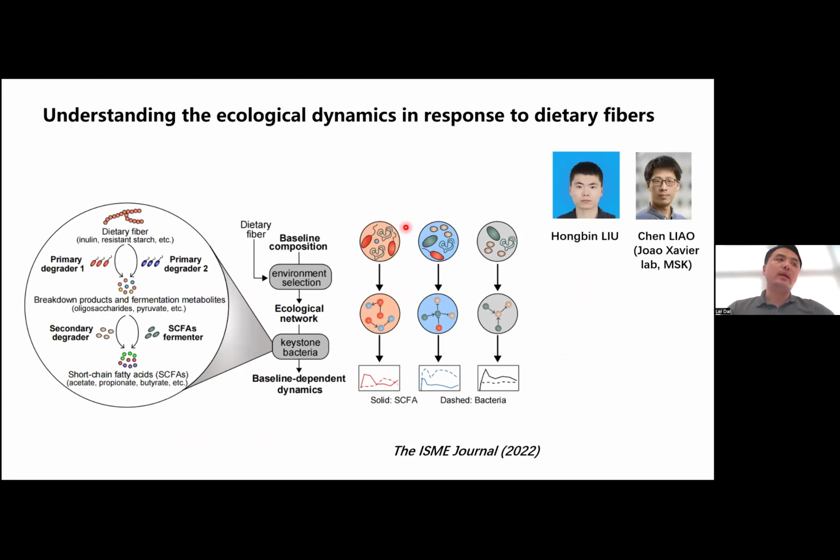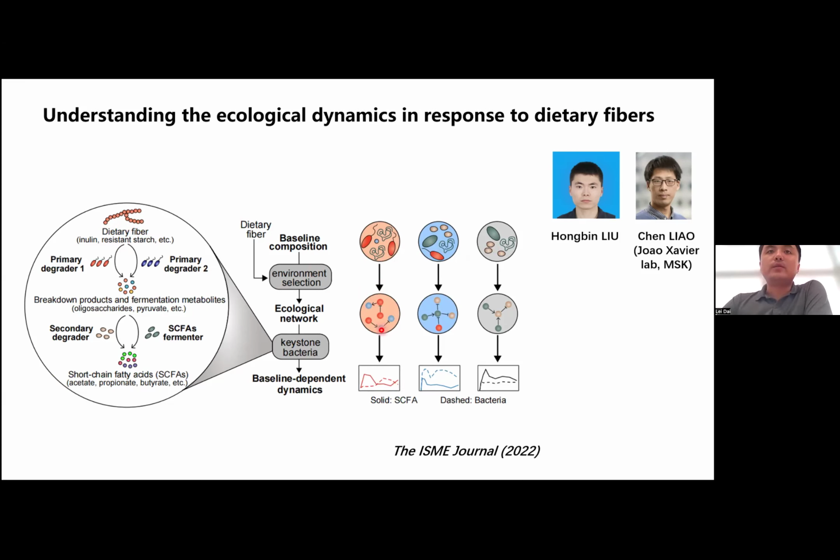In adults, we know that the microbiota is quite stable, unlike in infants, but when we have dietary interventions, for example, if we take in dietary fibers like inulin or resistant starch, which are oligosaccharides that cannot be utilized by humans but can be utilized by the gut microbes, it's known that the gut microbiota will change and get perturbed. But what we don't know very well is that different individuals might have different responses.